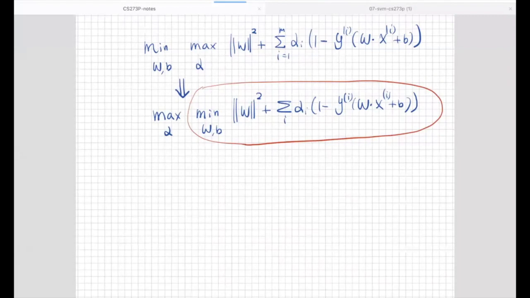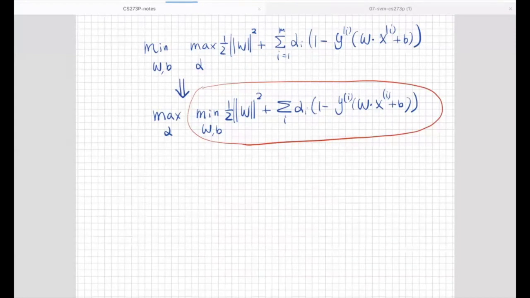I can find the solution by calculating the gradient, the derivative of this quadratic function with respect to w and with respect to b, and setting it to 0. If you calculate the gradient of this function with respect to w, what you have is this: the 2w is the gradient of the squared norm times w. By the way, many times people use 1/2 to eliminate this, it doesn't really matter, you just scale by a factor in front.